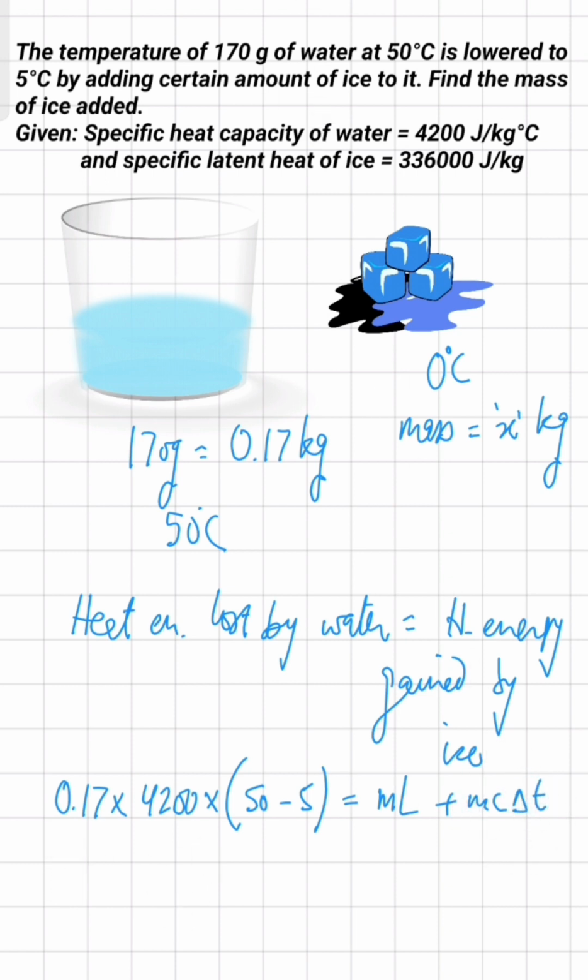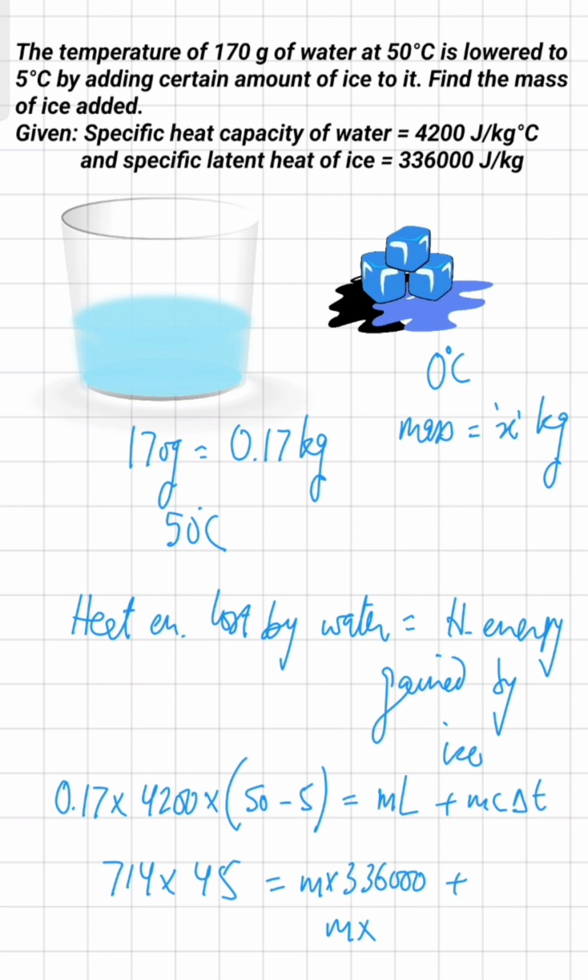Let's simplify this. 0.17 multiplied by 4200 gives 714. And 50 minus 5 is 45. Here, mass of ice is unknown, we have to find it. And L, specific latent heat, is 3,36,000, plus mass again not given, times the specific heat capacity of water, because now when ice has melted, it has converted into water.